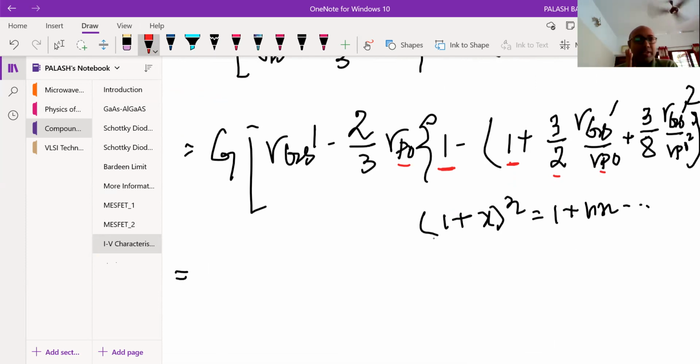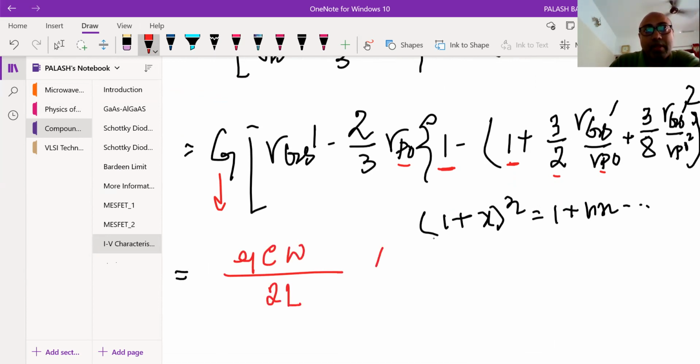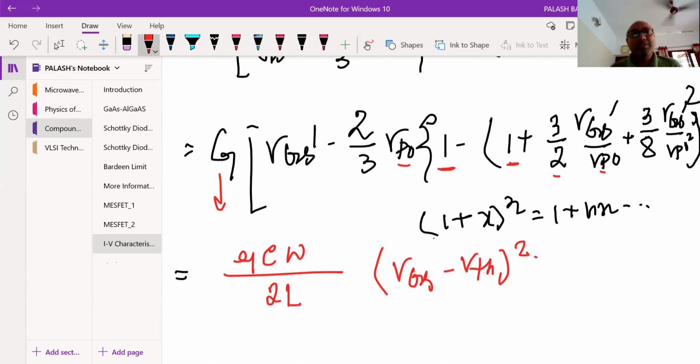If you see all these things together, put back the G expression, the conductance expression, you will end up with an equation mu C W by 2L, VGS minus V threshold whole square. So just try to do it, because now I think it is easy.